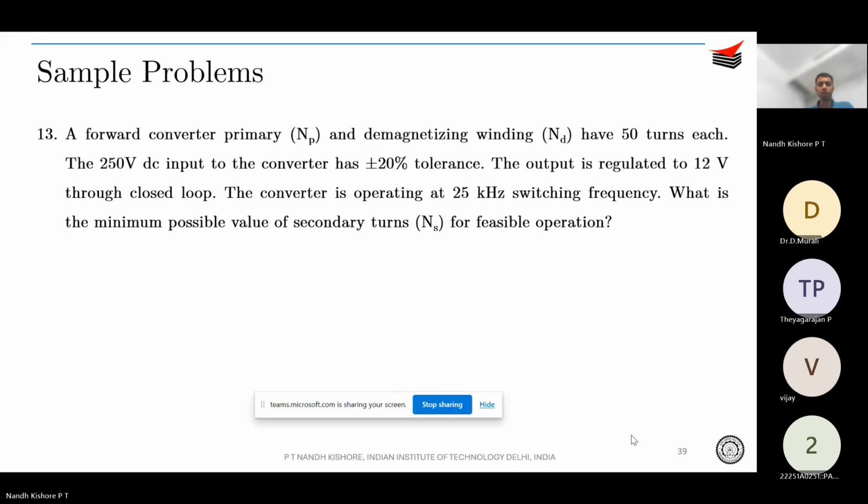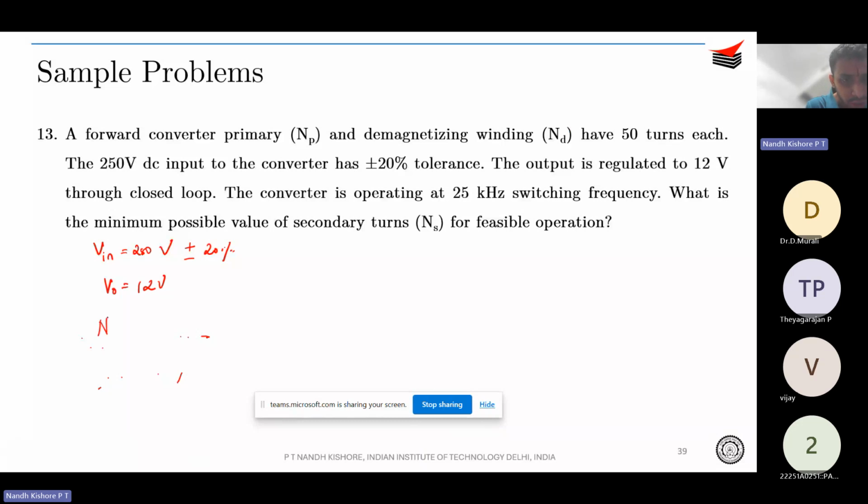Okay, so the point is just jot down what is given. That is, you have V in as 250, correct? And then 250 plus or minus 20% of that. Okay, V naught is always kept at 12.